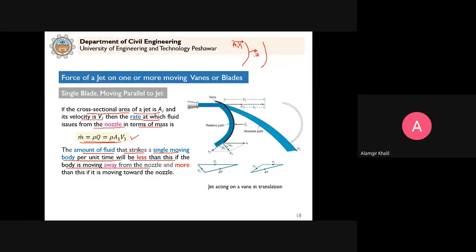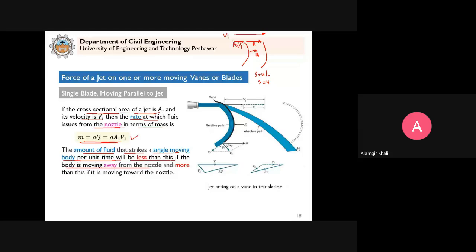Let's say in 1 second the distance covered is S equal to U t, so it covers this distance U, while the jet velocity is V1.